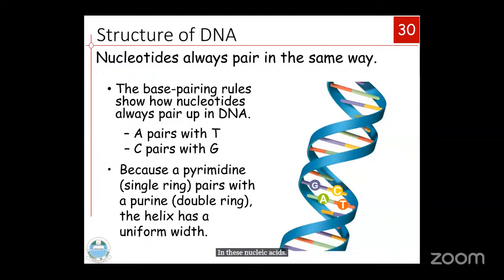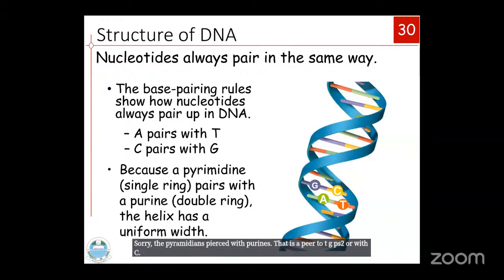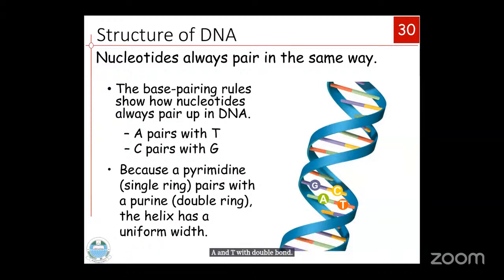Sorry, pyrimidines pair with purines, and purines pair with pyrimidines. That is, A pairs with T, G pairs with C. A and T with a double bond, G and C with a triple hydrogen bond.